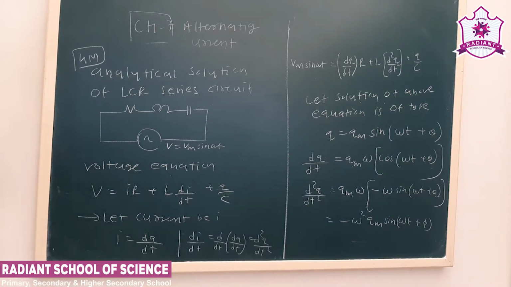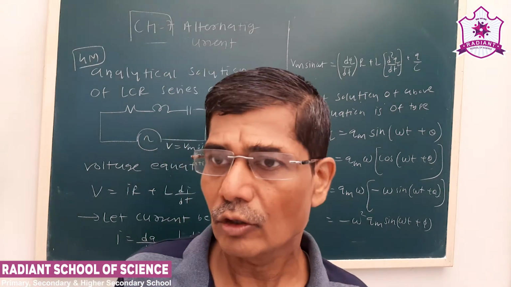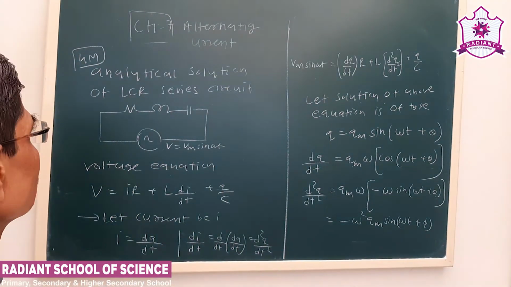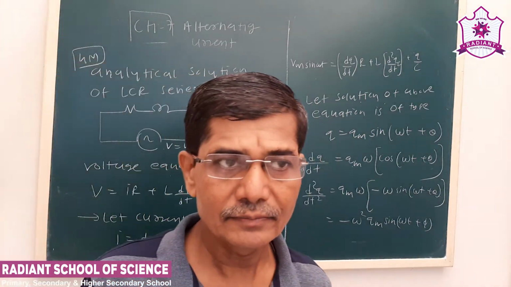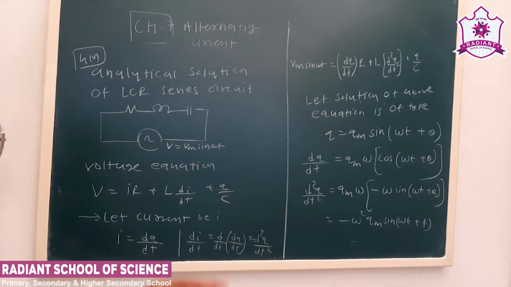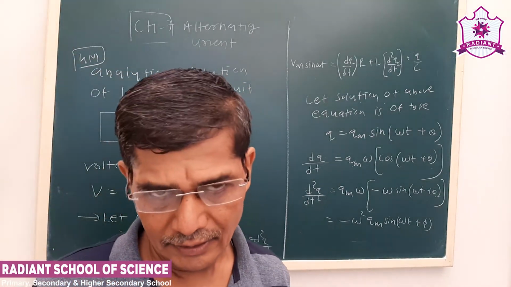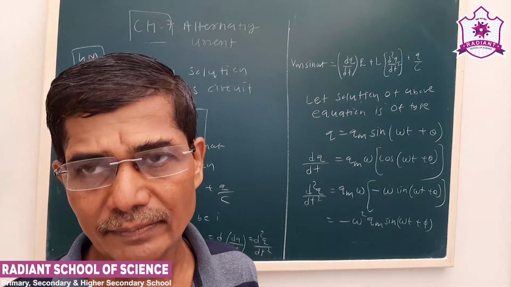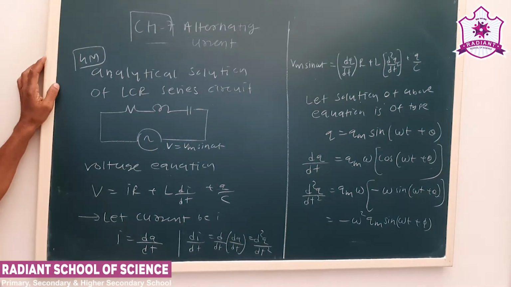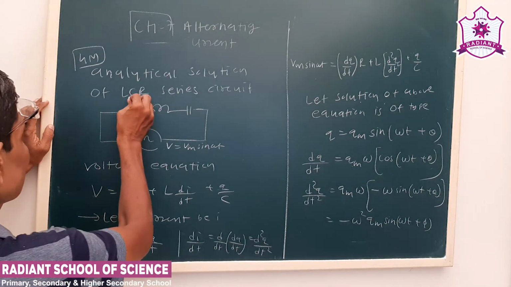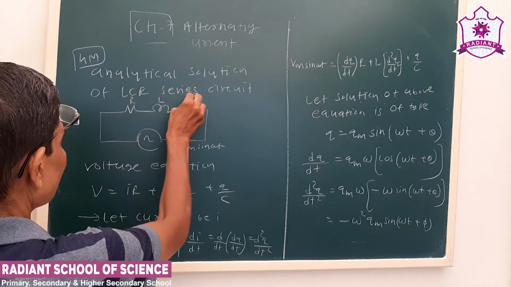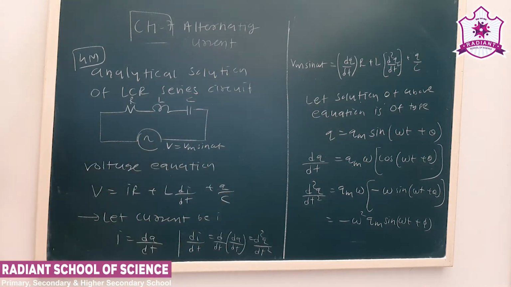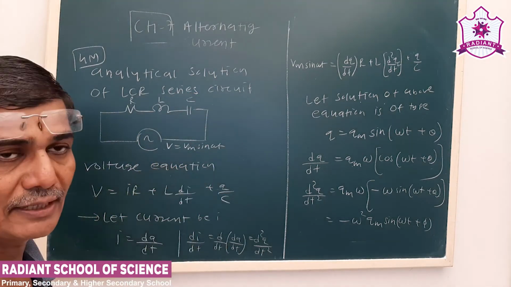Now next we have to obtain the analytical solution of the LCR series circuit. The earlier method derived the equation by using the phasor method. Now this is the analytical solution. The components are a resistor, inductor and a capacitor connected in series with the voltage Vm sin omega t.